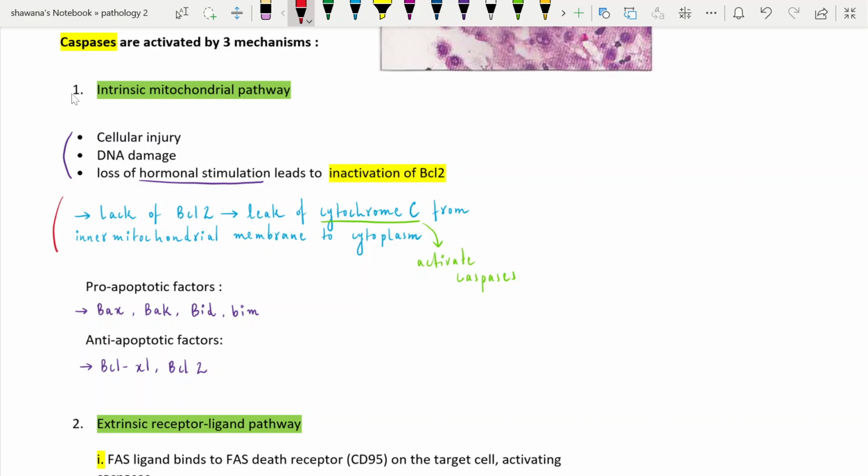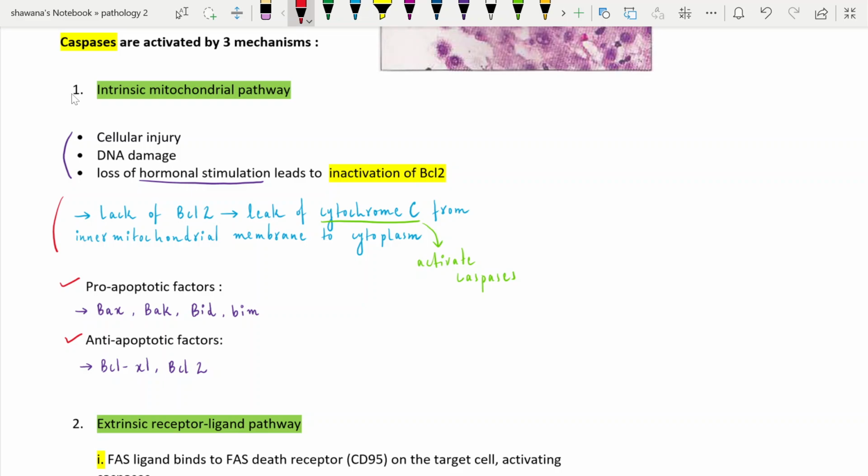these two lines and focus on the apoptotic factors. Okay, there are two kinds of apoptotic factors. First are the pro-apoptotic factors. It means that they are influencing or stimulating apoptosis. The second are the anti-apoptotic factors, which are inhibiting apoptosis.